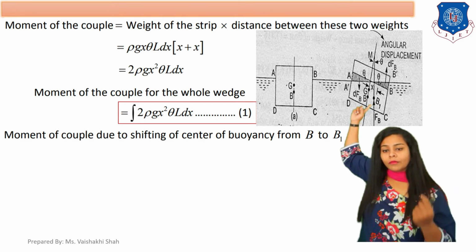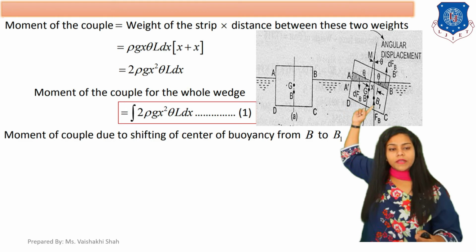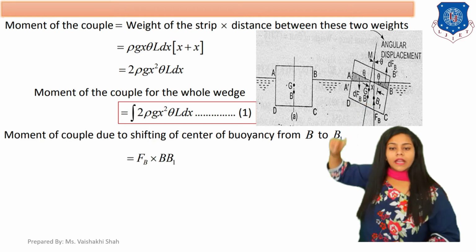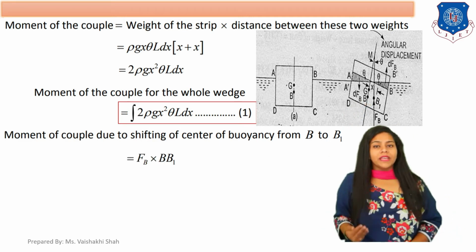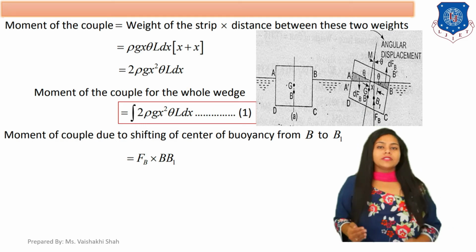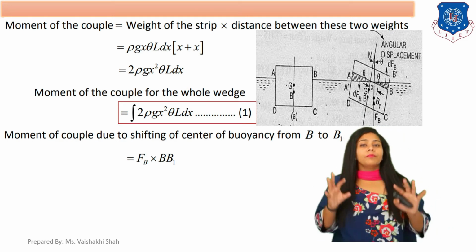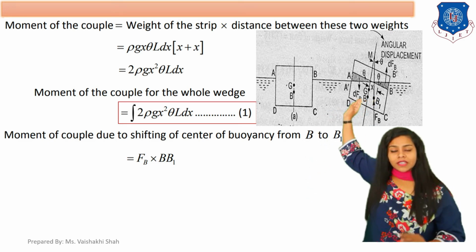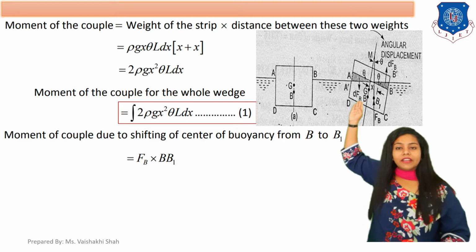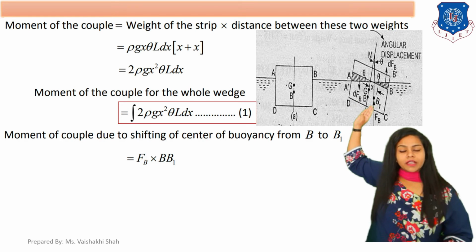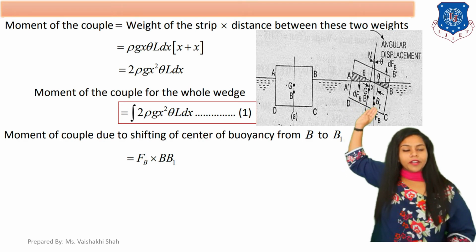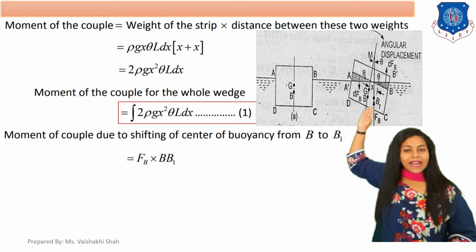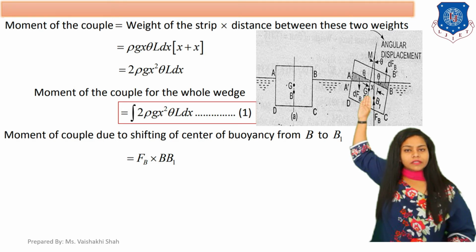There is also a moment due to the shifting of B to B1, and that is from FB, the buoyant forces. Buoyant forces act from the center of buoyancy, and here the center of buoyancy is shifted. So the buoyant forces, firstly at equilibrium, act from point B. Due to the shifting, the buoyant forces are now acting from point B1, with the buoyant force FB and the distance BB1.